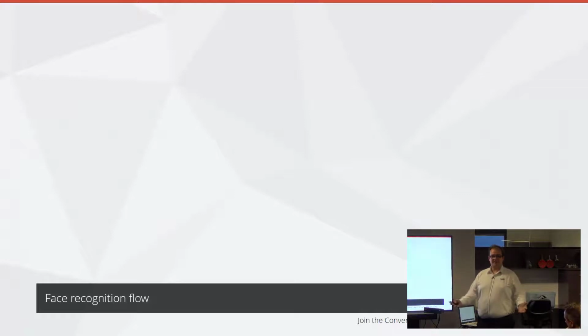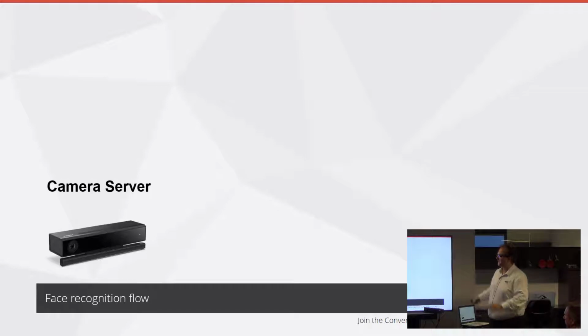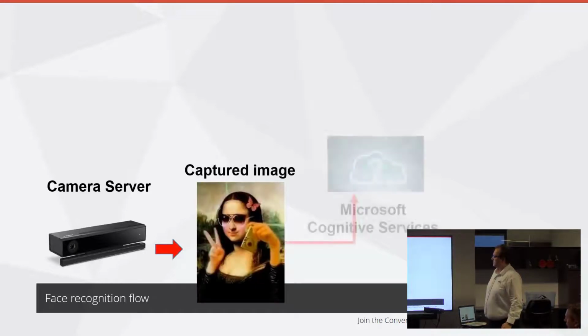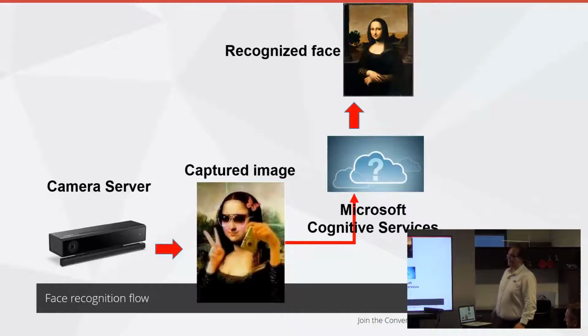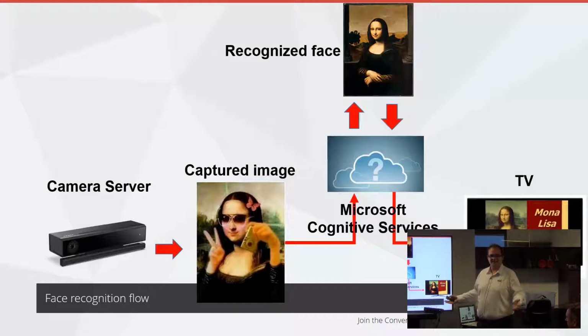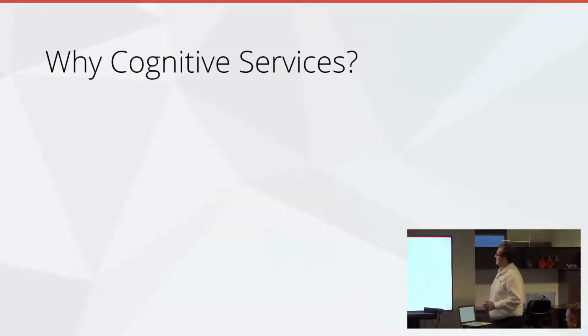So for a user to be identified, we first built a camera server which only captures the images, and those images are then sent to Microsoft Cognitive Services. That image is recognized, and we display some relevant content on the TV. Now, it sounds easy, and as a matter of fact, it is. I'll get back to that real quickly.